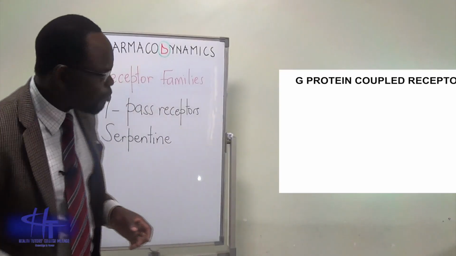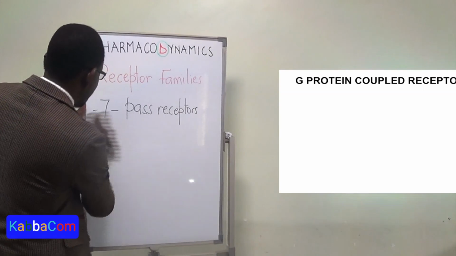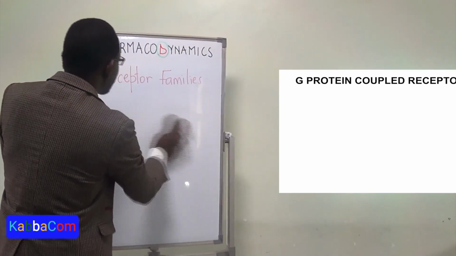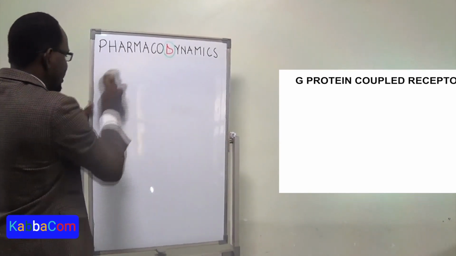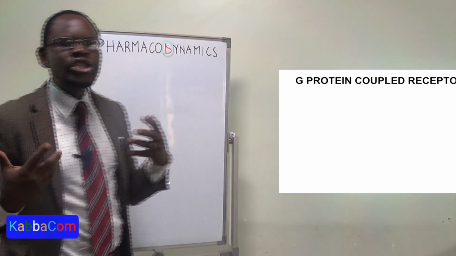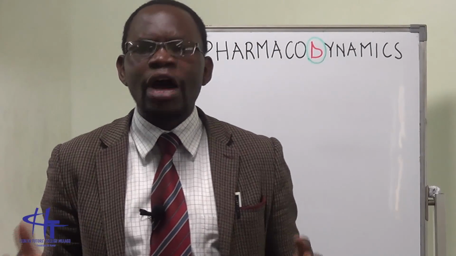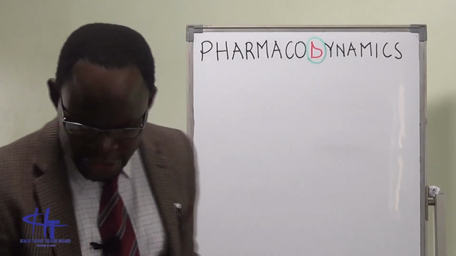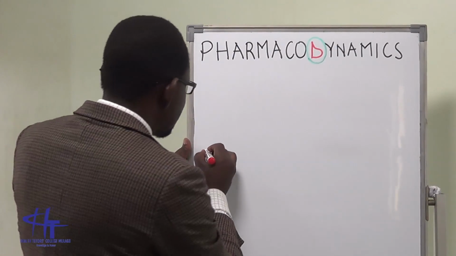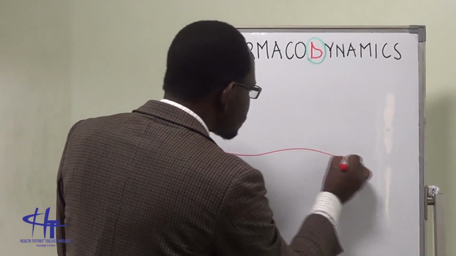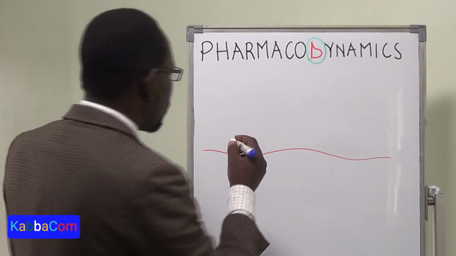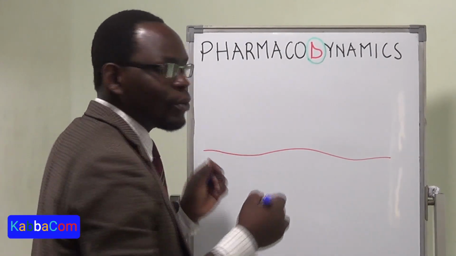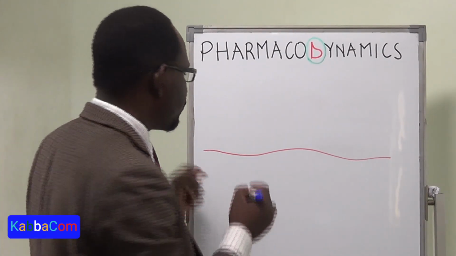Now, a G-protein coupled receptor, remember we said a receptor basically has two sides, and a G-protein coupled receptor brings it out very well, as you can see. Assuming this is our cell membrane, we have what we call a G-protein coupled receptor.